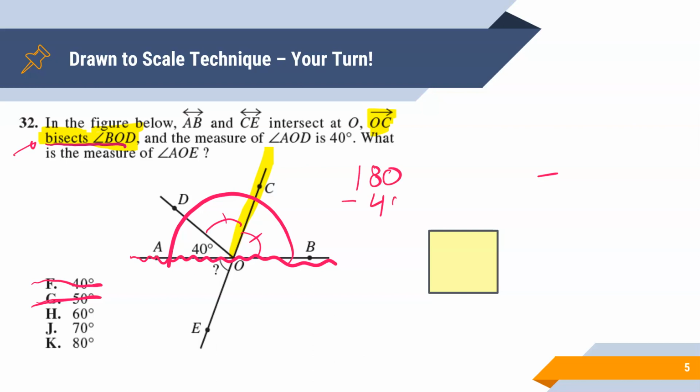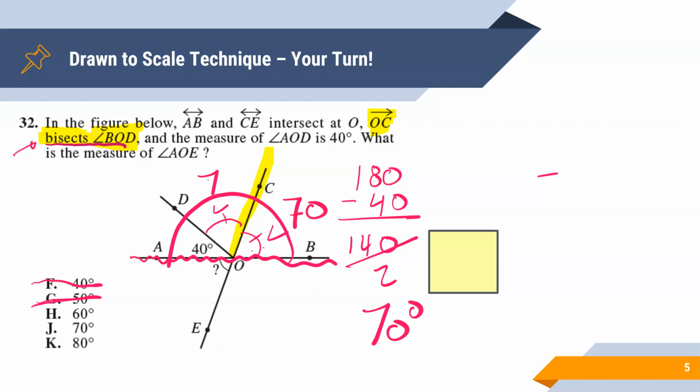If I subtract the 40 degrees that we already know, and again, I wouldn't be writing this down. I'd be using my calculator, right? 180 minus 40 is 140. And so these two angles right there are equal to 140. So divide by 2 because they're both equal to each other. And we get 70 degrees. So this angle here is 70, and so is this one.